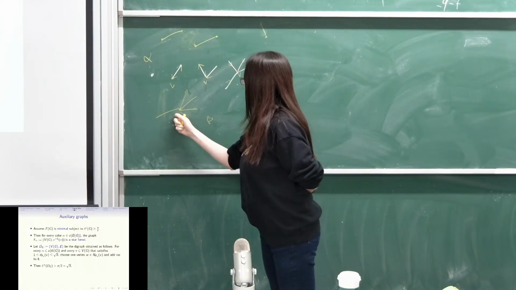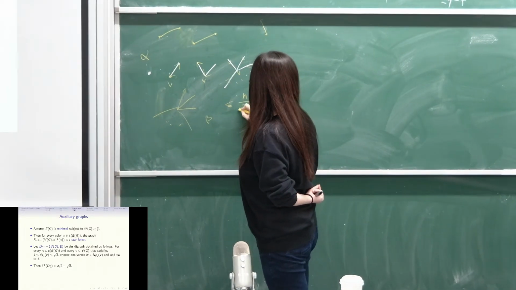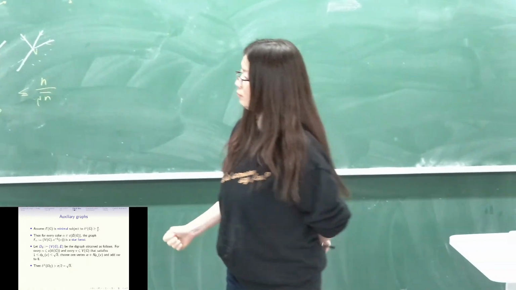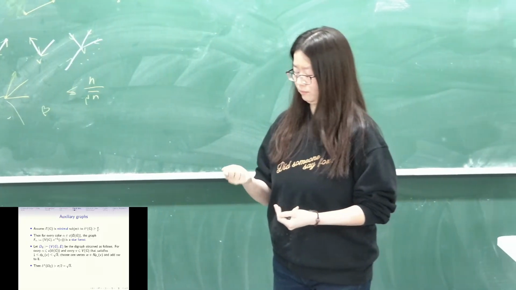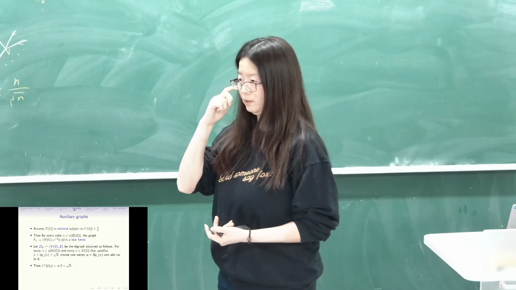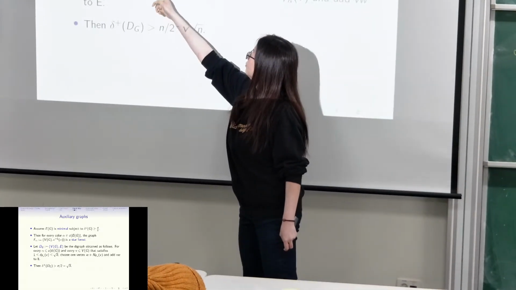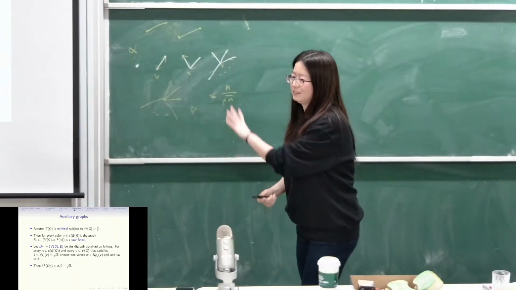That means it happens for at most n over square root of n times. I see. Okay. Maybe I should use n^(1/3) and n^(2/3). It's probably easier to understand, but it doesn't really matter.